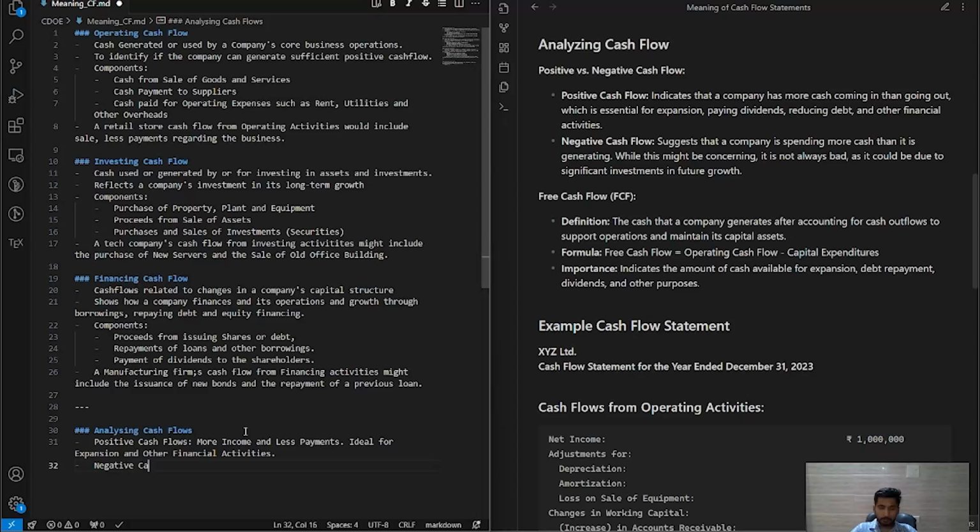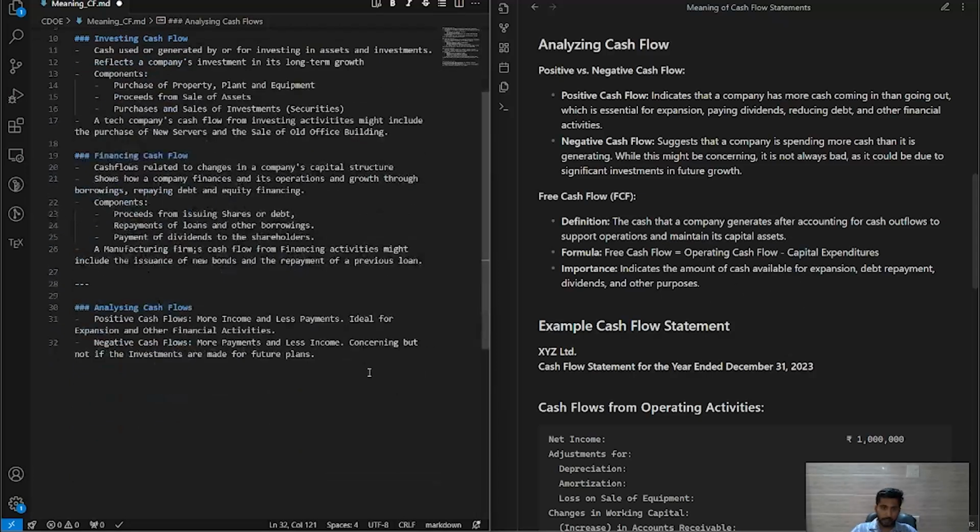Then there are the negative cash flows. That is, more payments and less income. Concerning, but not if the investments are made for future planning. Okay.